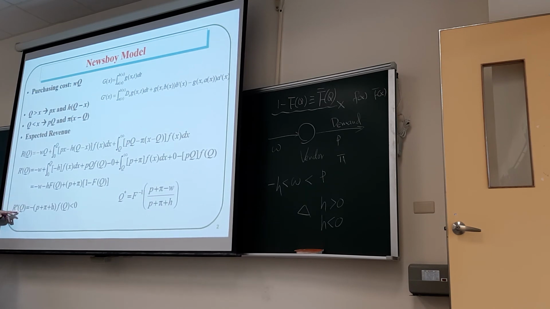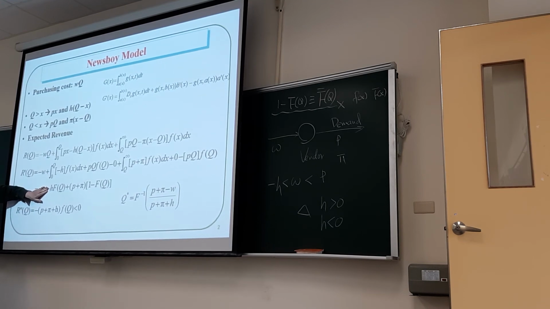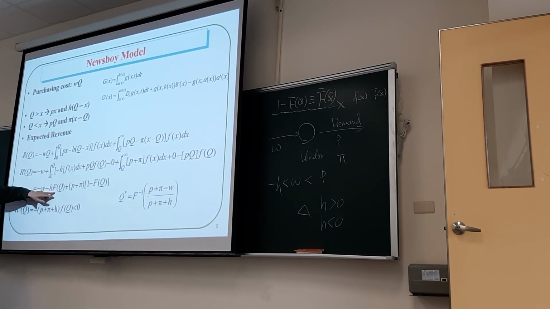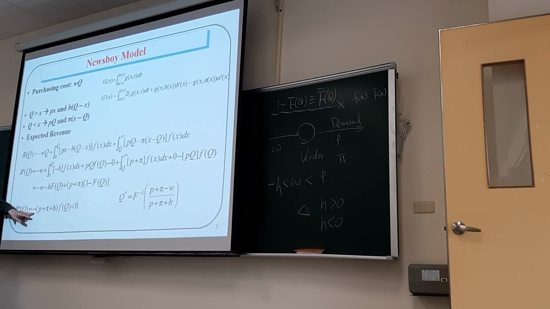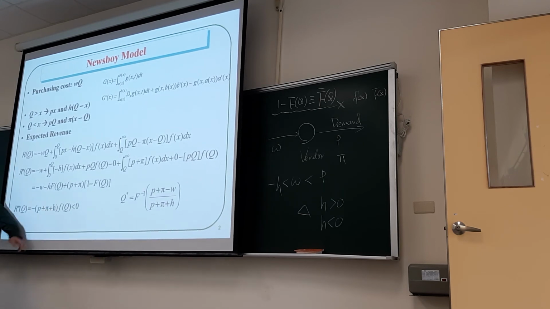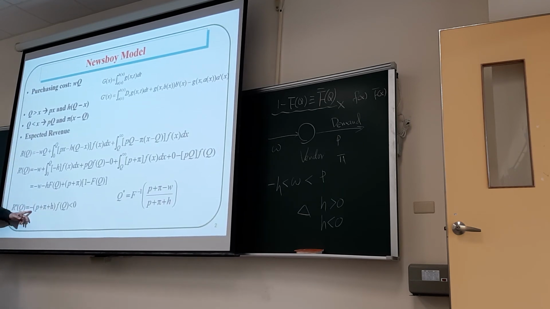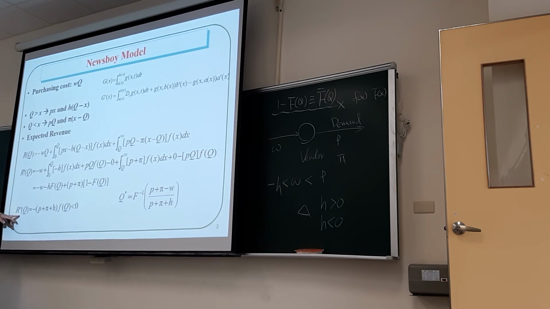For the second derivative over the first derivative, it's easy. This disappears, and the first derivative of the cumulative function returns the density function. We can get this expression because the second order condition is negative.